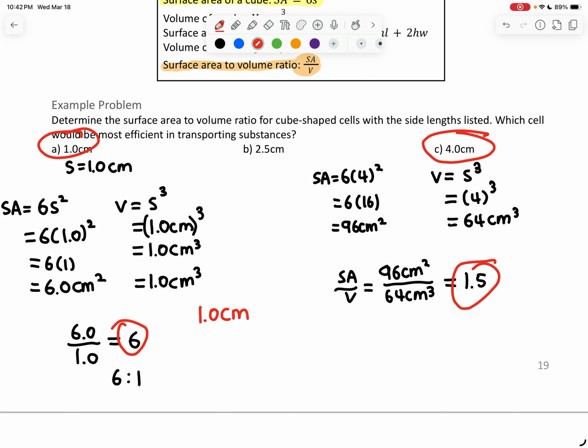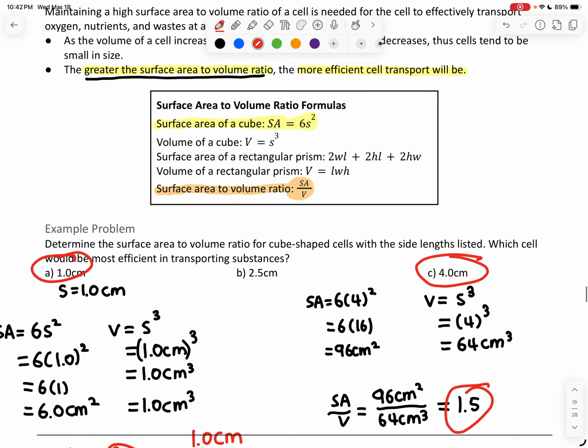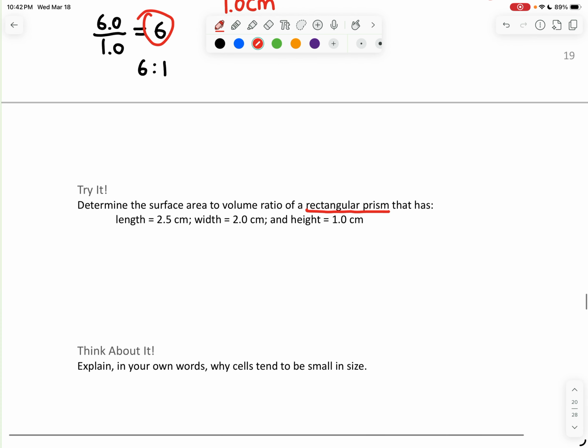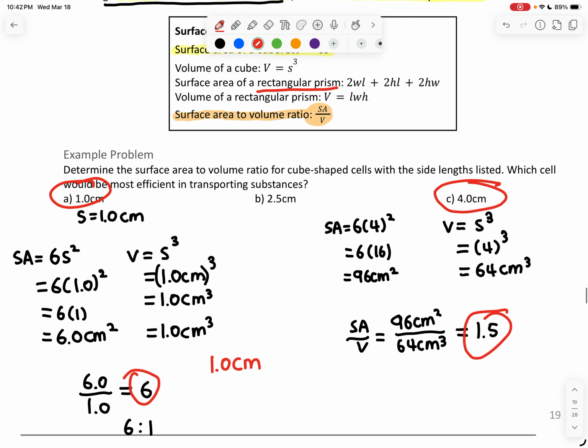So that's it. Now this one, it's a rectangular prism. You are gonna get the formula. All you're gonna do is plug in the formula. That's literally it. Rectangular prism, put in the length, width, height. That's all you have to do, and you'll figure it out, okay? So in conclusion, the smaller the sides are, the better the cell transport.